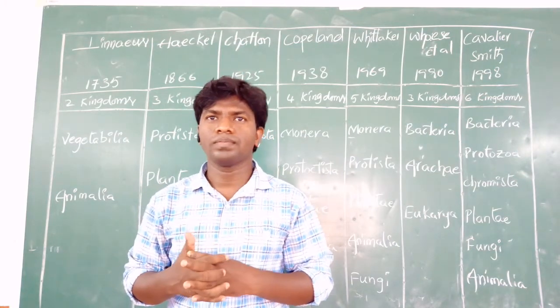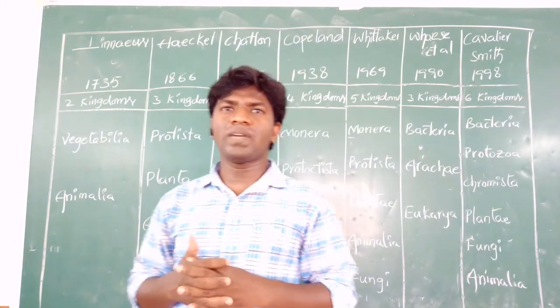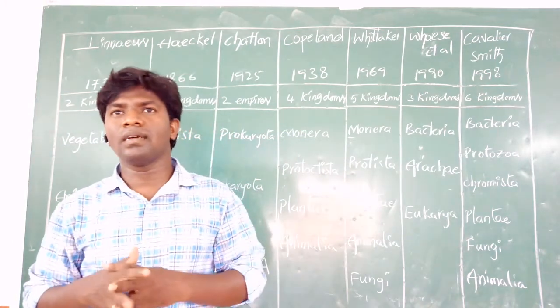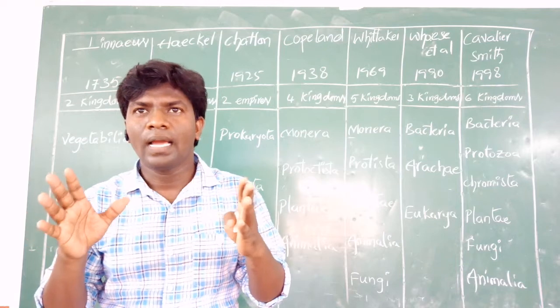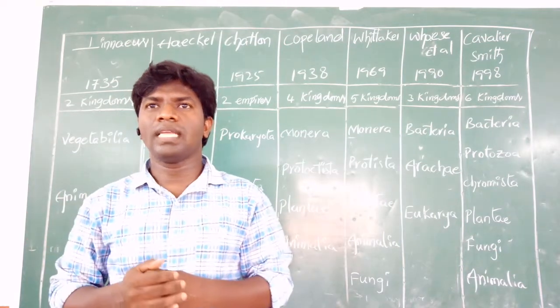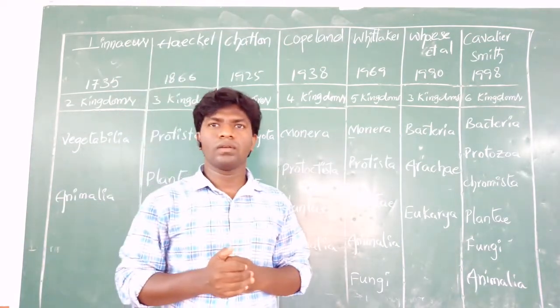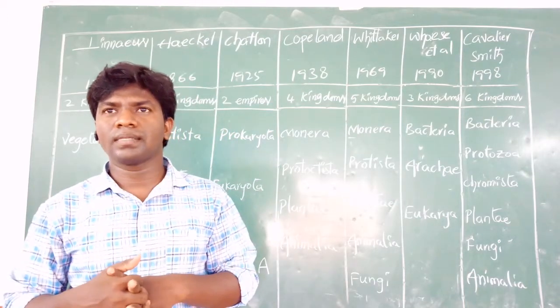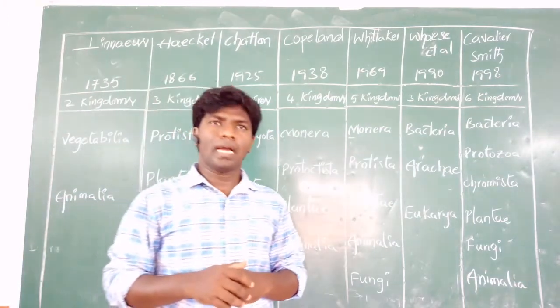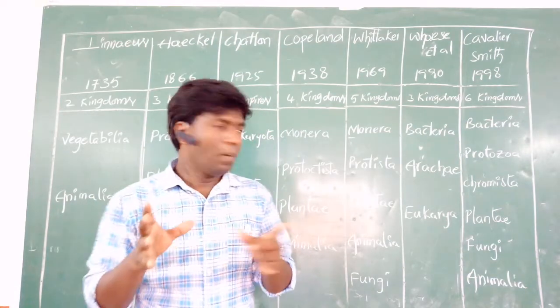Example: mango. Those in which the seeds are exposed outside, not enclosed, are gymnosperms. Example: pine trees. These are some common characteristics of the Plantae kingdom.